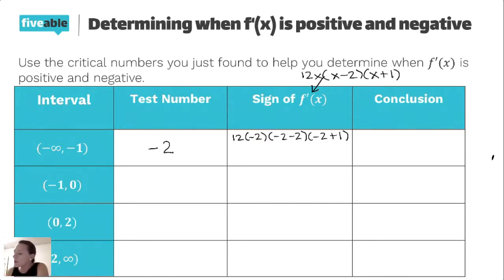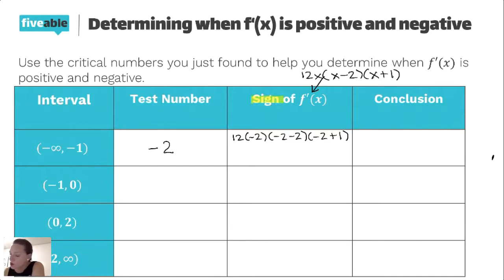Keep in mind, too, that this chart asks me for the sign of f prime of x. I don't necessarily care about the exact value that I get when I plug in negative 2 to the derivative, but I care about its sign because I'm trying to figure out if it's positive or negative. So we can definitely use our sign rules to our advantage here.